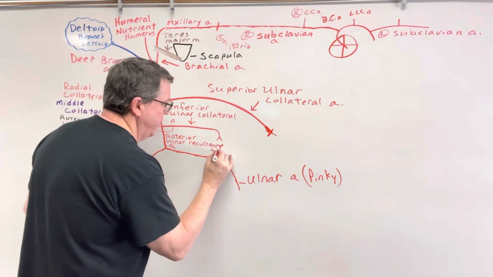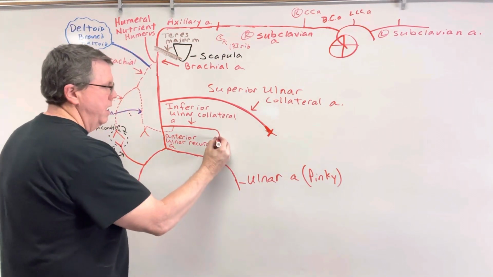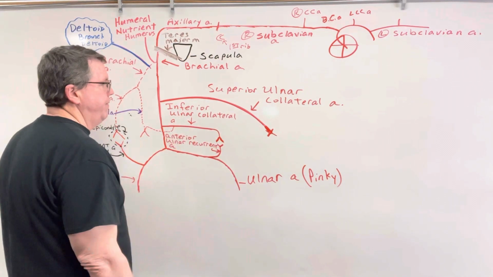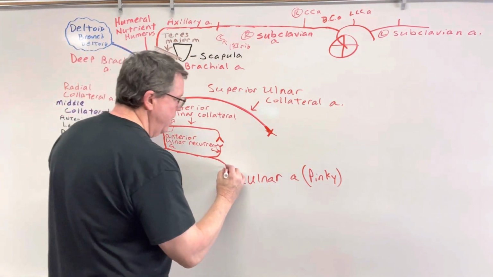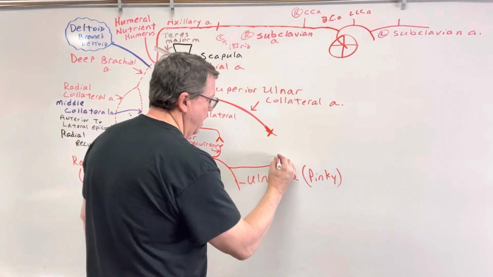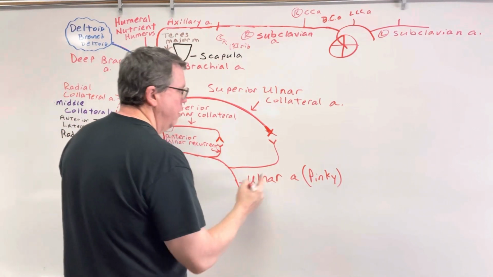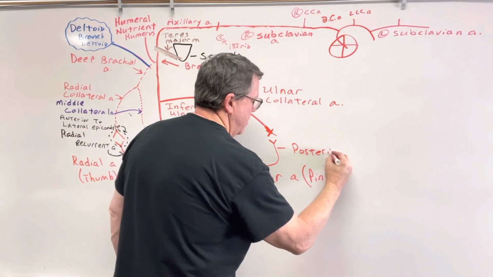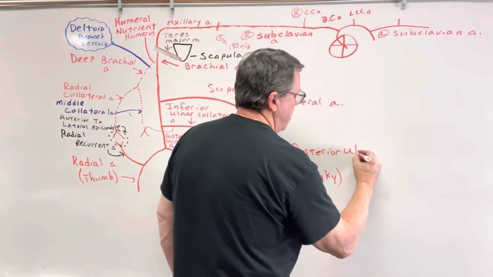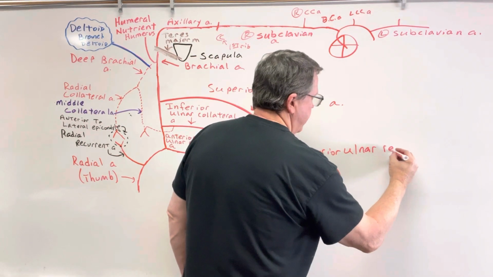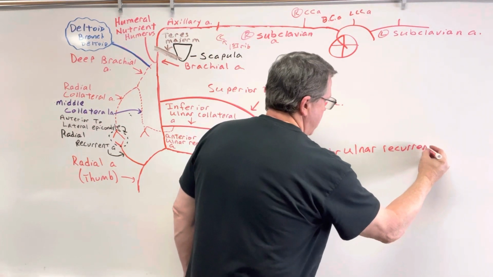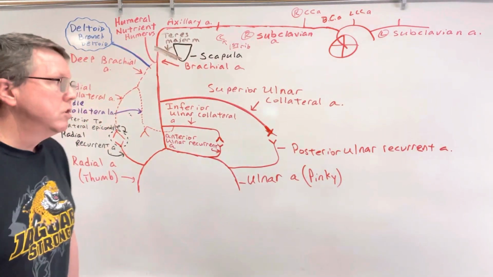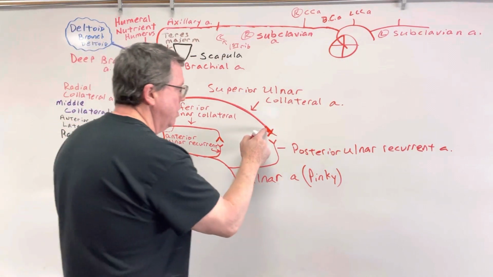So this is my anterior ulnar recurrent artery, and it's going to anastomose with the inferior ulnar collateral. Then, coming off from here, I'm going to have my posterior ulnar recurrent artery. Okay, so now that's going to be right here.